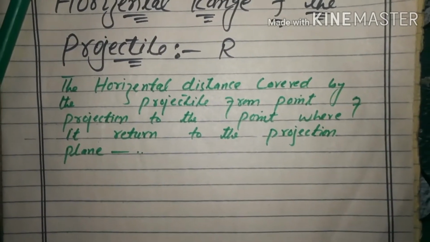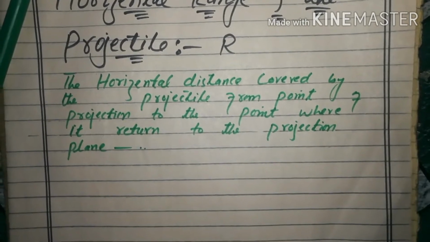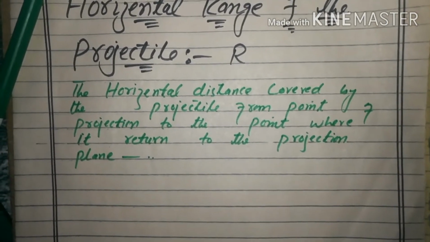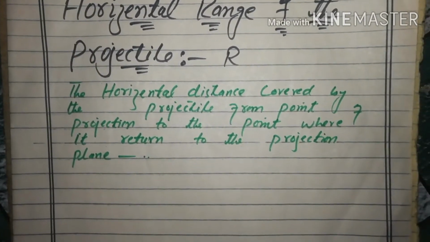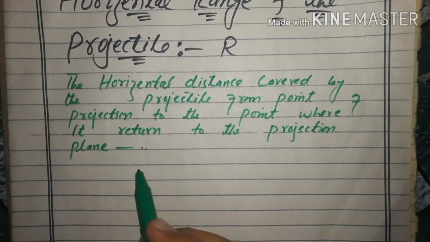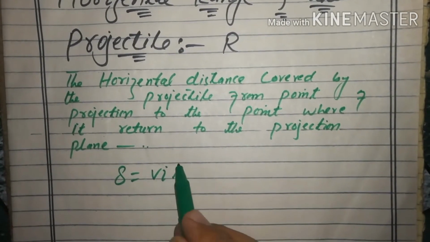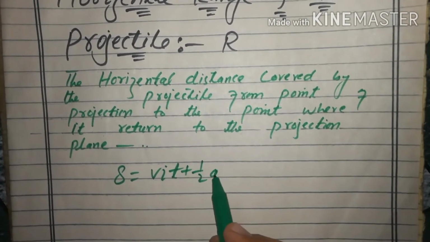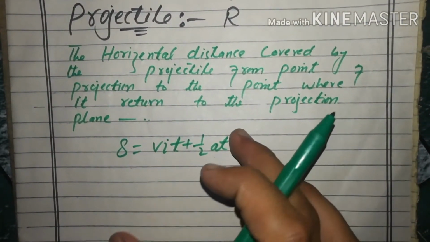To find the range of the projectile we consider the horizontal motion of the projectile. So as we know, from the second equation of motion, S is equal to Vi t plus 1 over 2 a t square. This is the second equation of motion.